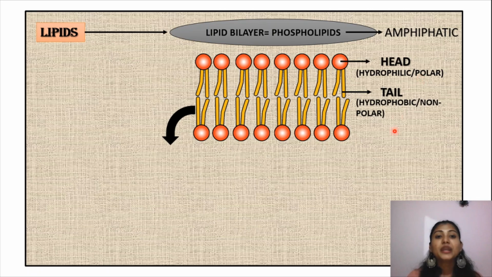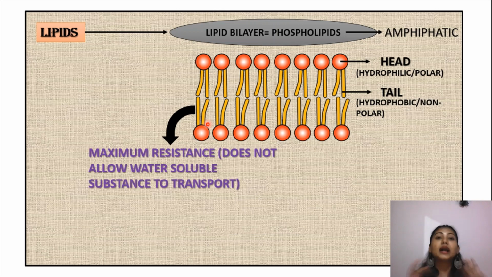Moving further, what is the function and the role of the tail? It is hydrophobic, so it offers maximum resistance, which means it does not allow water-soluble molecules to be transported from outside to inside. If I call this part the extrinsic, which is the outer side, the water molecule cannot easily go through because the tail part is hydrophobic.